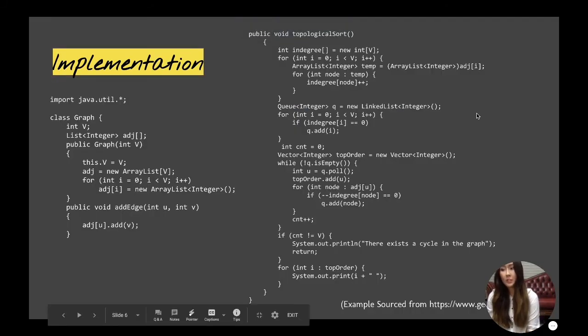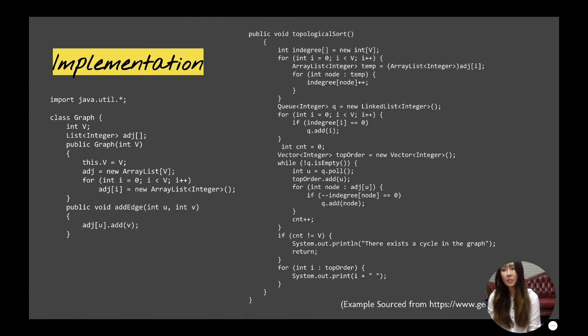Now we're going to move on to implementation. Let's take a look at this Java implementation. We have a class Graph to represent a graph here, and I am setting the int V, and this will represent the number of vertices in a given graph.